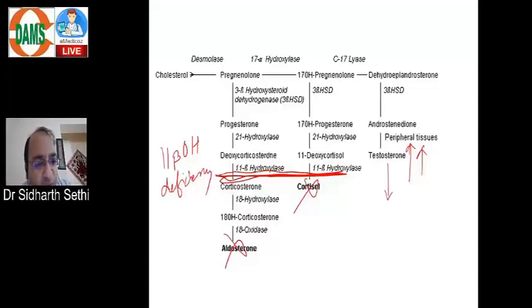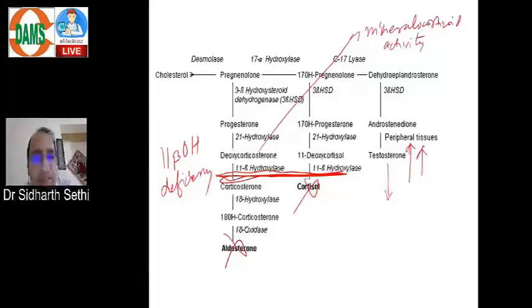But remember all of you, DOCA. This DOCA has an inherent mineralocorticoid activity. So if you have something like aldosterone in your body, sodium is high, which leads to hypertension.